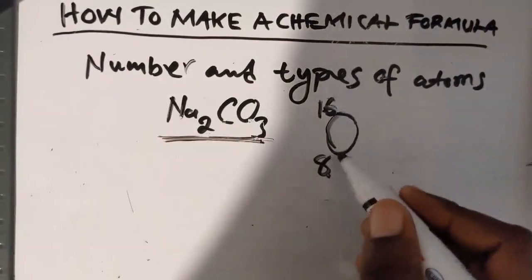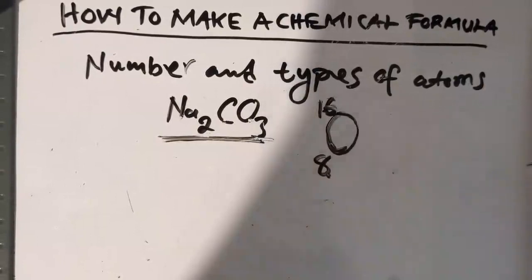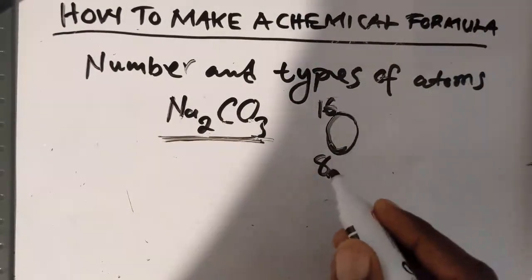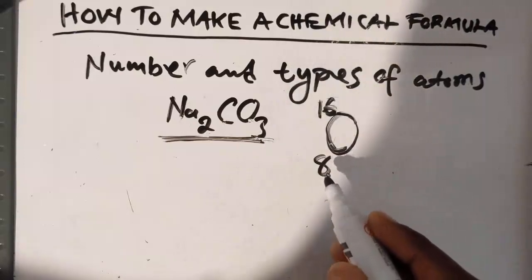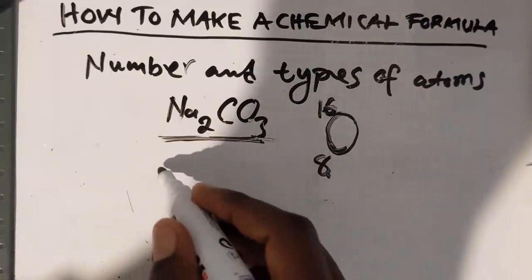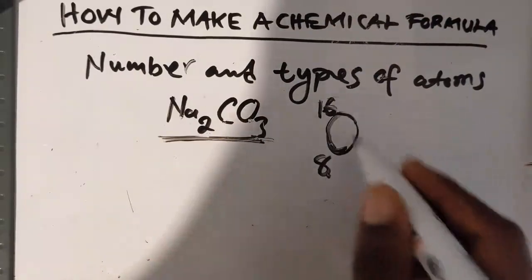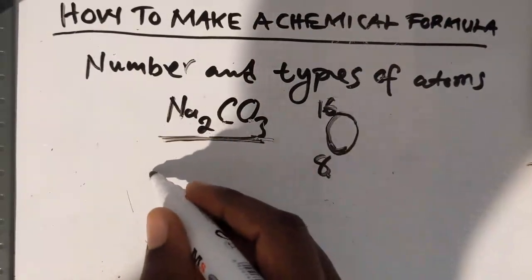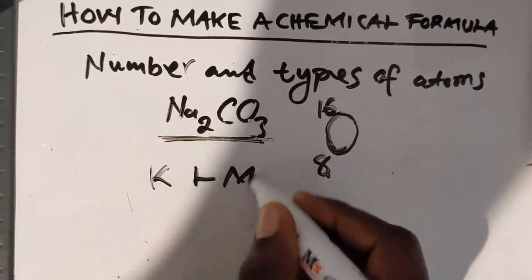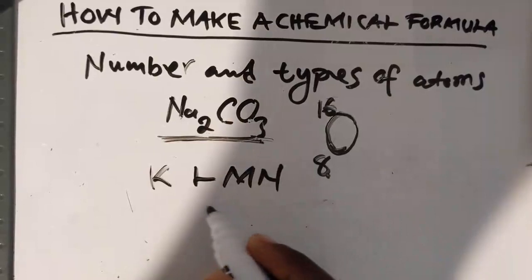So for you to know the valence number for oxygen, what you need to do during bonding is look at the electron configuration, like this, if you remember.